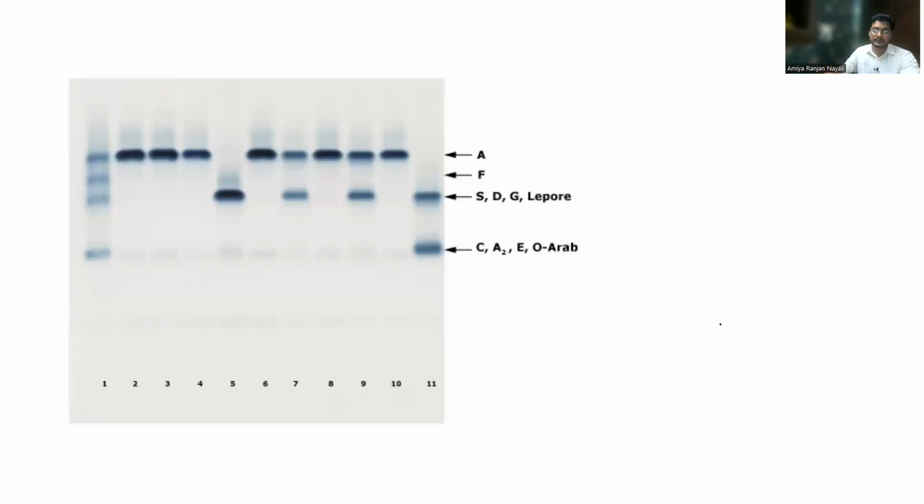Okay, so the last part is how you identify the various hemoglobins. This is done by the electrophoresis method, known as cellulose acetate electrophoresis at alkaline pH.